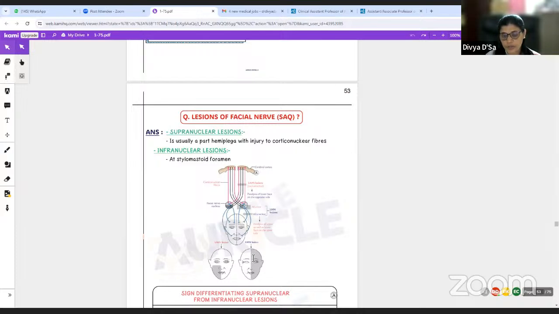This is upper motor neuron. But whereas in lower motor neuron, what happens? The entire face is affected. Because here it is lower motor neuron. Lower motor neuron lesion, or infranuclear lesion, means below, after it crosses over. So after it crosses over, it is supplying the same side. So if we just cut it off here, that means this facial nerve, which is actually carrying most of the fibers from the left side, is cut.